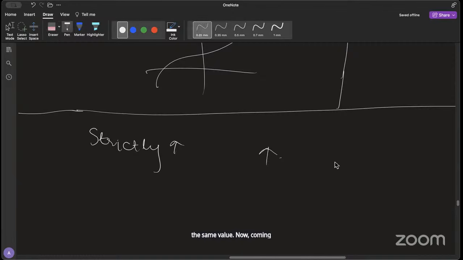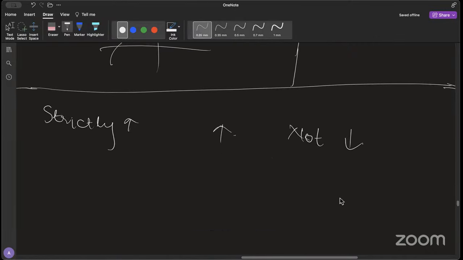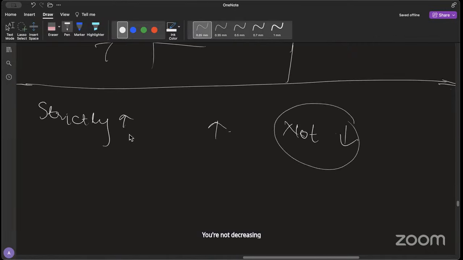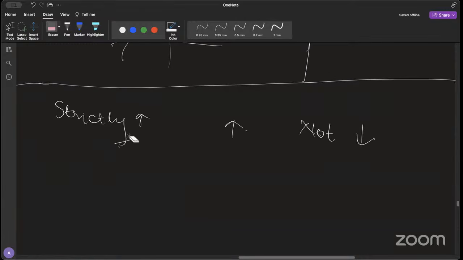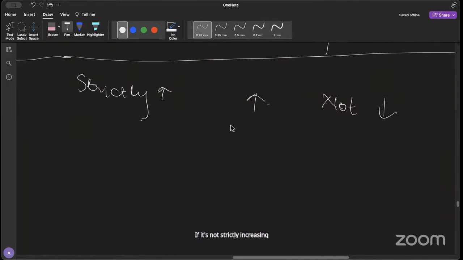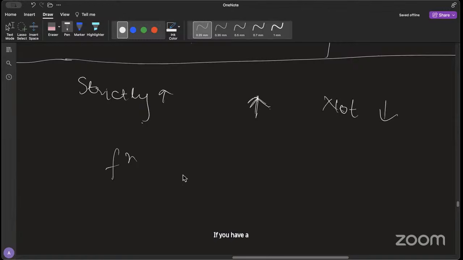Now coming to non-decreasing, if it's not strictly increasing, that means it can still be increasing. If I say a function is strictly increasing, this means it's increasing.